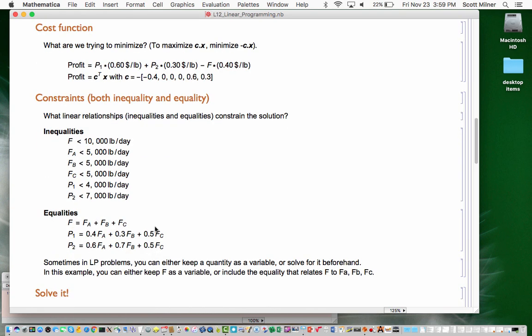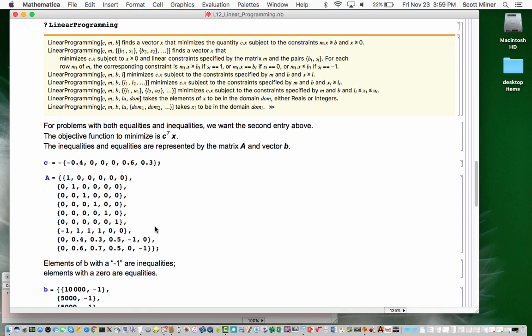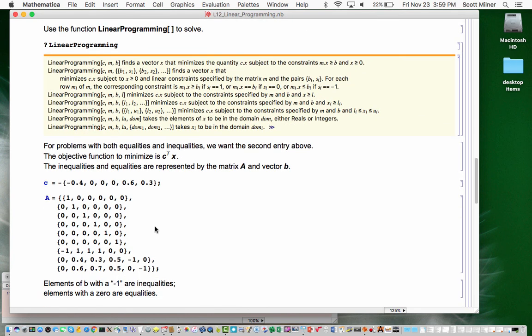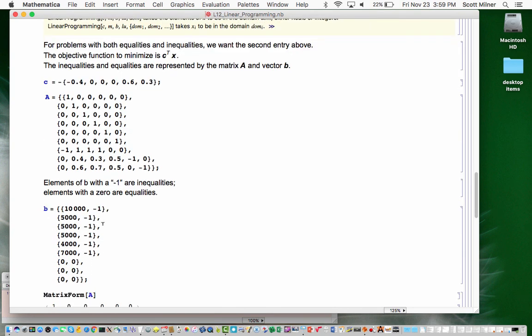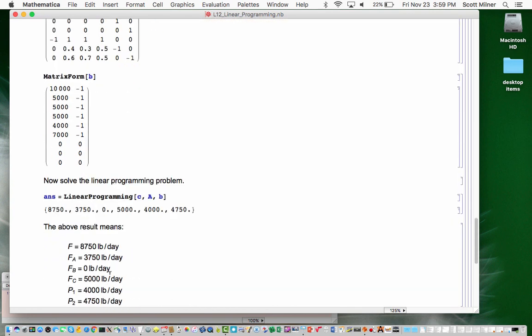The second part of it is transcribing those into the language of Mathematica, in which your first job is to figure out what order your variables come in, and then your second job is to find the vector for the function that you want to minimize, and then your list of vectors and right-hand sides that correspond to the equalities and inequalities. And then you basically just press solve.